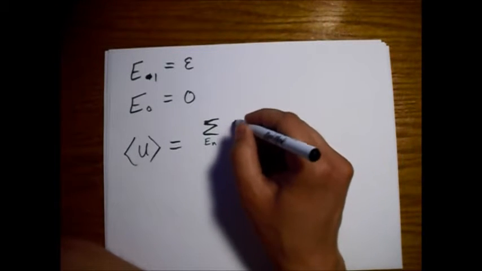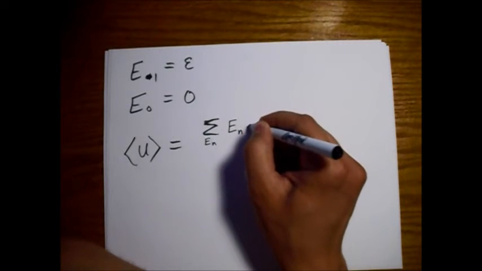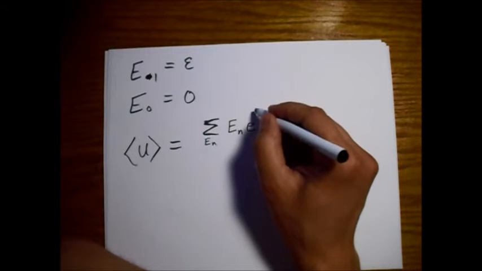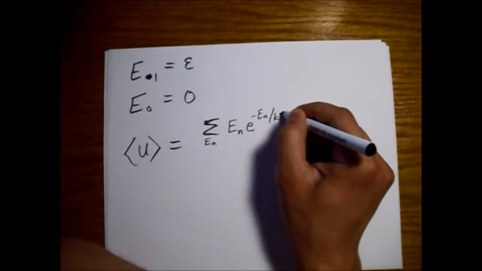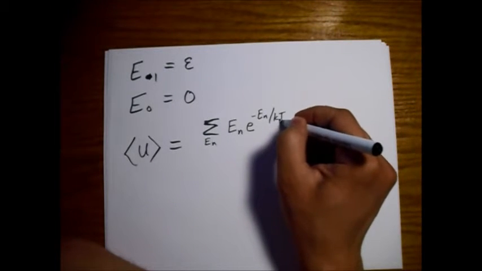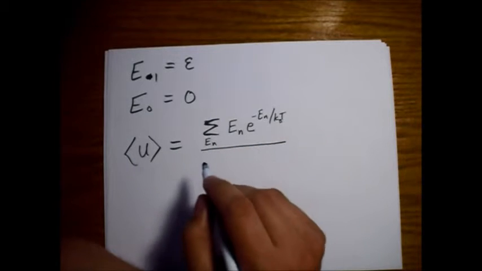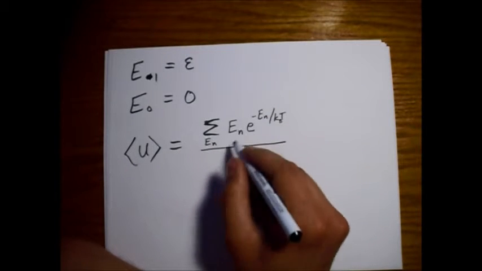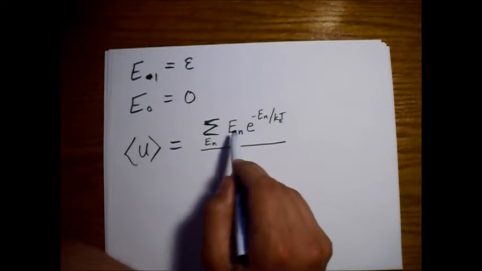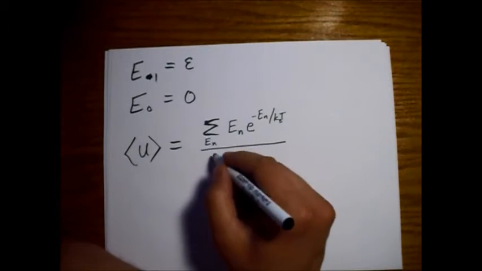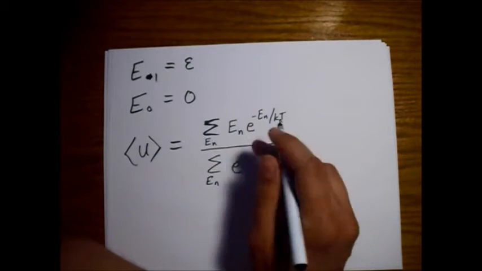Then we multiply that by the energy, multiplied by e to the minus En over kBT. And in order to normalize this, we have to divide by the partition function, which is just this without the E, so the thing that we're taking the average of.